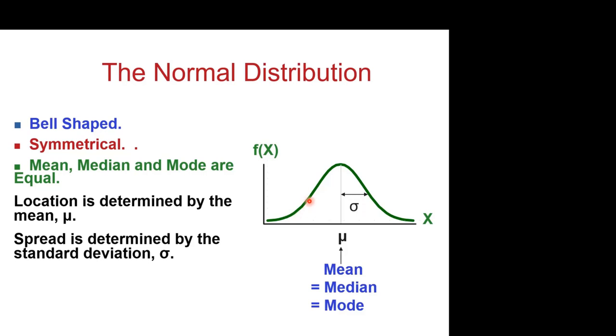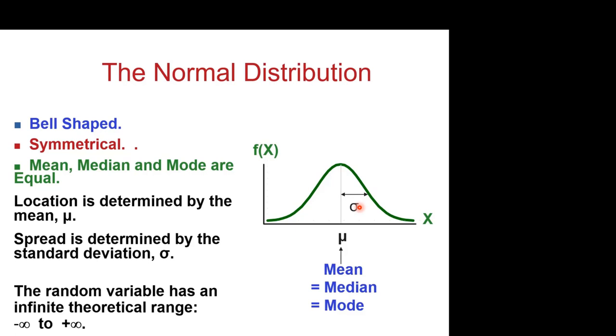The spread means the dispersion, so you measure the dispersion of this normal distribution through the value of its standard deviation. And the random variable has an infinite theoretical range from negative infinity to positive infinity.